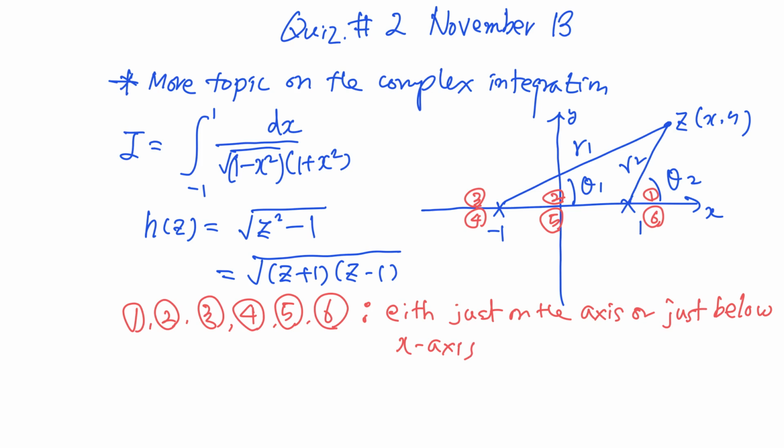So 1, 2, 3 are just above the x-axis. On the other hand, 4, 5, 6 are just below the x-axis. And forget about r, just think about the angle.